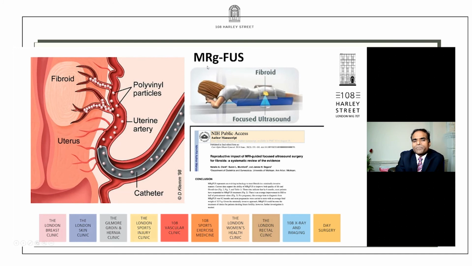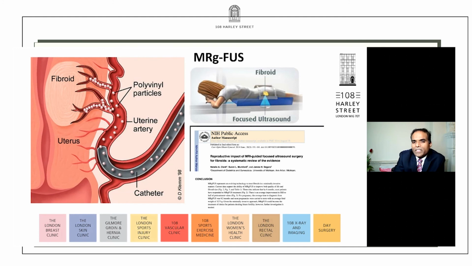Just briefly, there is limited access available to some patients in the UK to MRgFUS. M stands for magnetic resonance guided focused ultrasound treatment. If a patient satisfies all the criteria for MRgFUS treatment, she can have it in a few designated centers.